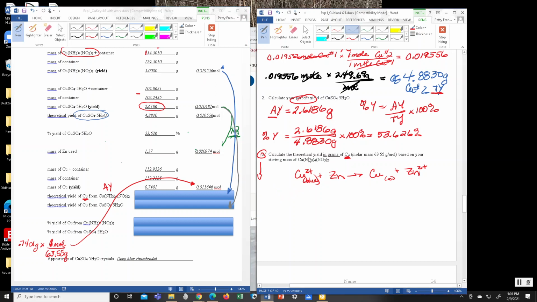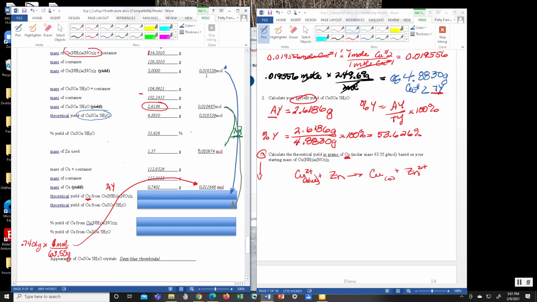Here is our theoretical yield in grams of copper. That's what we're going for based on the starting mass of copper tetraamine. And you know what? I already know this number. Not only that, I got that a few slides up, but that was 0.019556 moles of copper number 1, right?